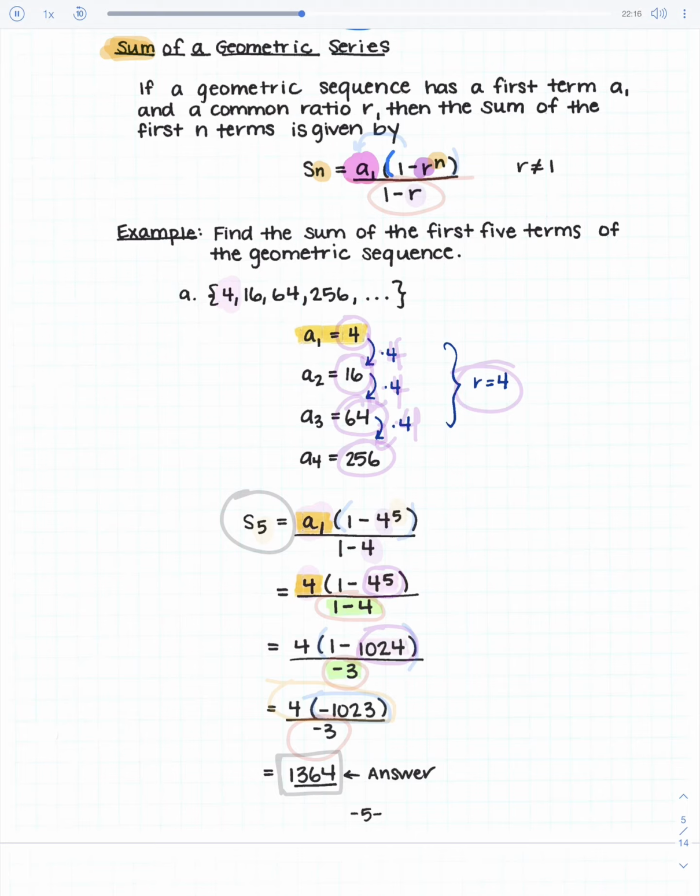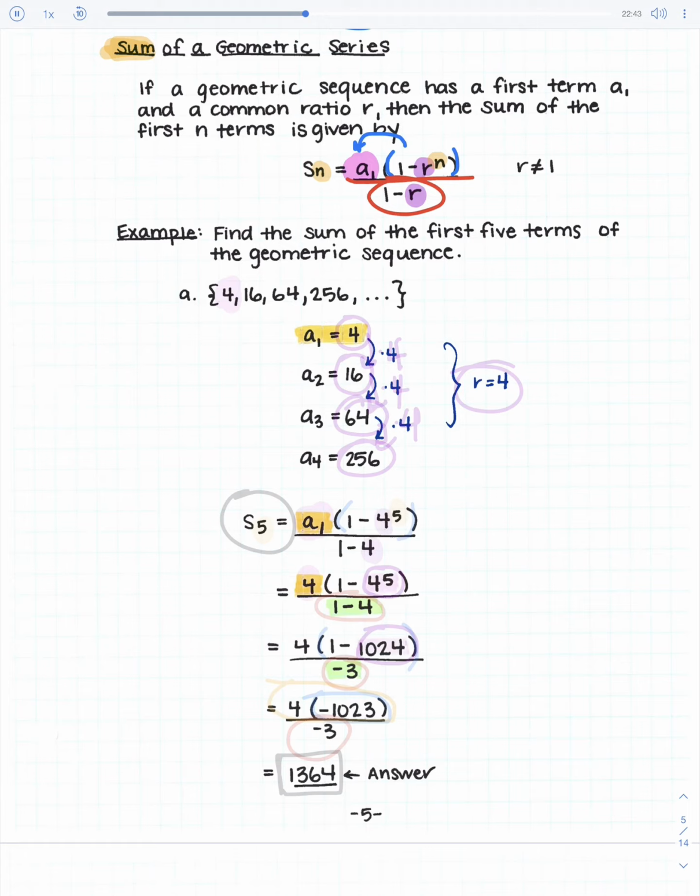We'll do all that first because it's inside parentheses, then multiply it by your first term. Then at the very end, we're going to divide by whatever 1 minus your common ratio is. So 1 minus your common ratio, r, is what you'll be dividing by at the end.